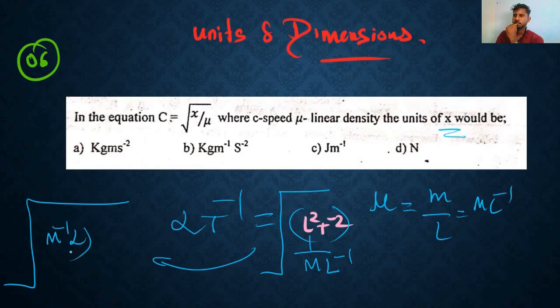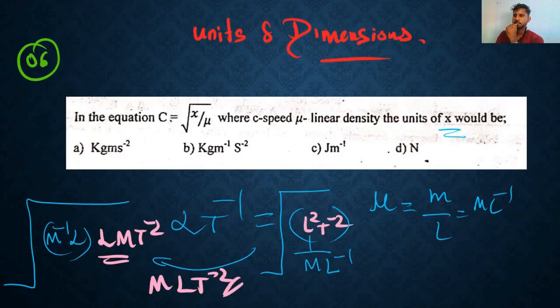So inside we need to have L squared, so we need to multiply by L, and we need to cancel this M value, and of course we need T minus 2. So these are the dimensions we are looking for from X. What is this? M L T minus 2. That's force, right? Do we have force? Yeah, we have force. D. That's our answer.